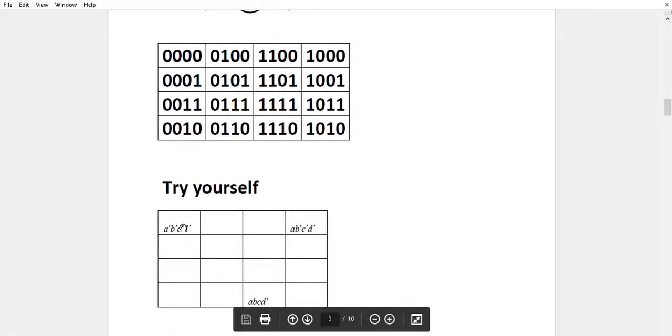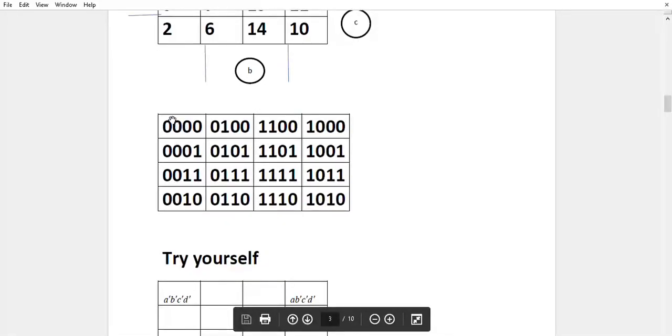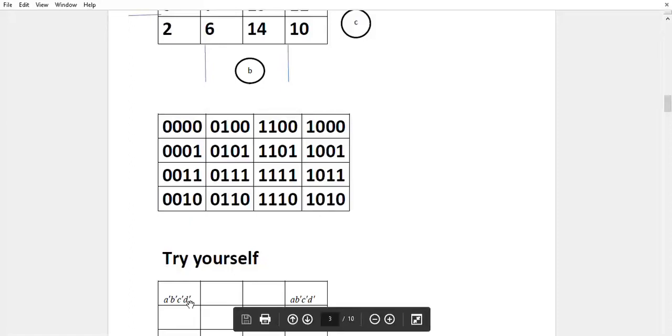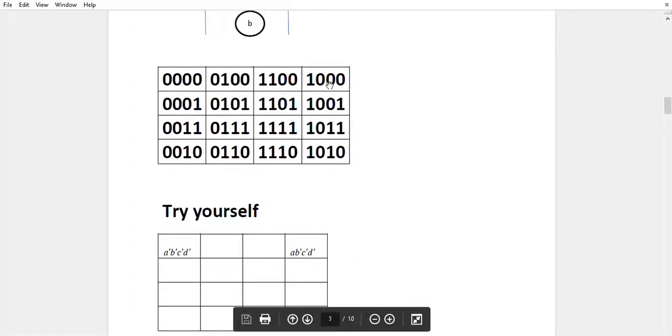If you take the first square, that is in the first row and first column, 0, 0, 0, 0 means a dash, b dash, c dash, d dash. And if you take the last square in the first row, it is 1, 0, 0, 0, that is a, b dash, c dash, d dash. It's very simple. You take the elements in the order a, b, c, d.